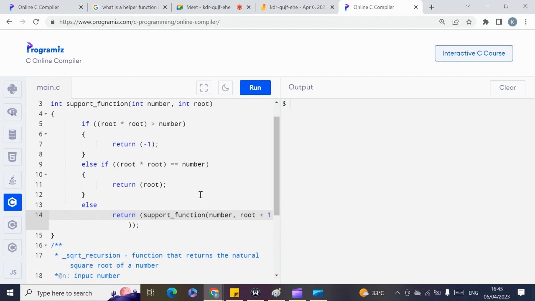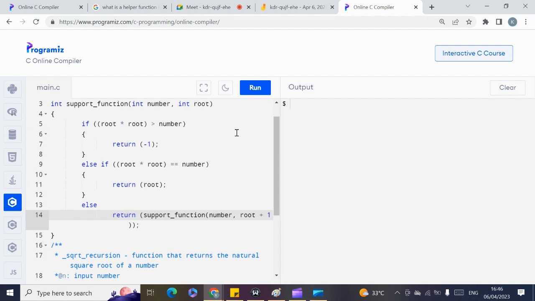So in the support function, we already have the number and then the root. That bit is where you get me confused. Okay, let me try again.